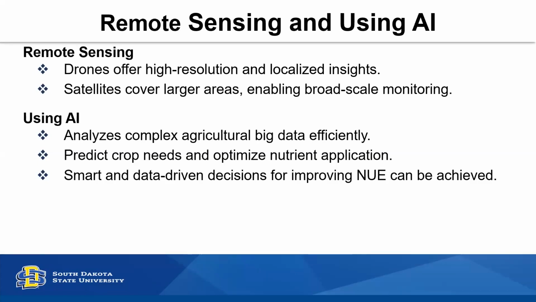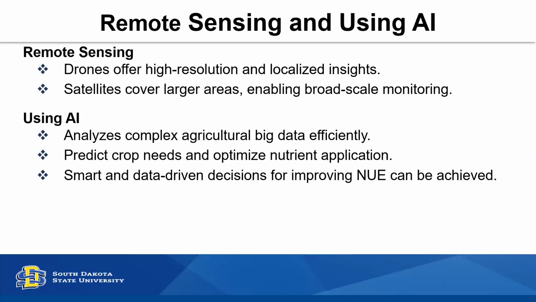Satellite imagery would cover much larger areas, enabling broad scale monitoring. For Sentinel, for example, we have it every 5 days. And we can use it in this method which we designed. Now we are talking about AI, which provides us computational power, efficiently calculates and helps us analyze complex big data, agriculture big data.